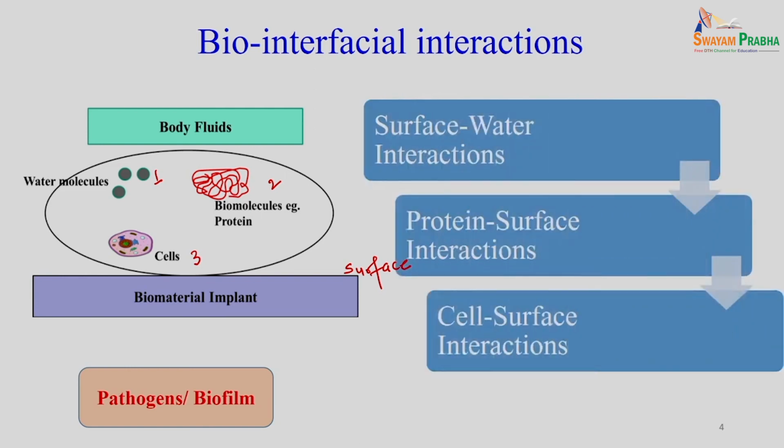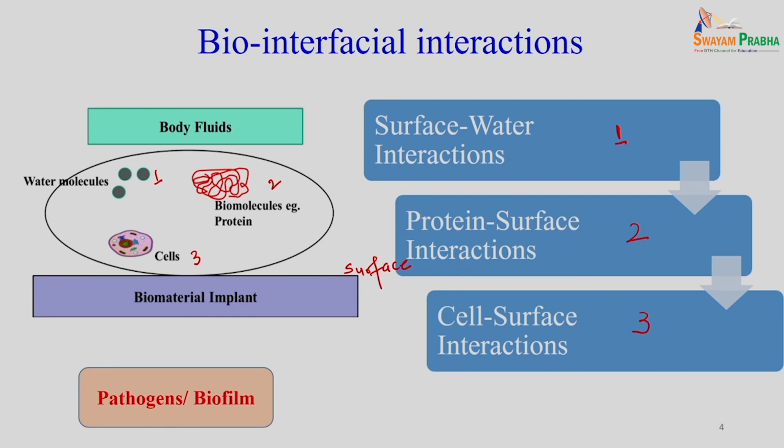First will be the surface water interaction, followed by the protein surface interaction, then cell surface interaction. These interactions will take place, and all of them depend on the surface properties of the implant biomaterial.